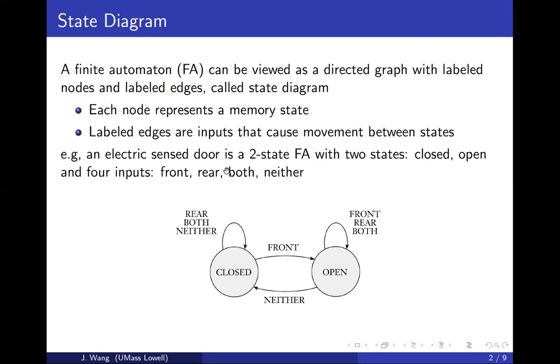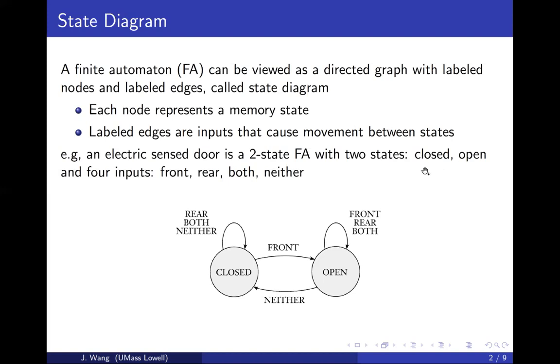If you don't look at the sensing devices, just look at the control mechanism behind the sensor door, we can view a sensed door as a two-state diagram, or two-state finite automaton. So it has two states that remember two statuses: the door is closed or the door is open.